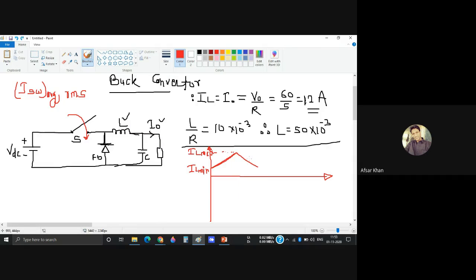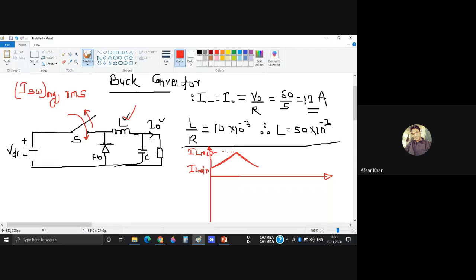Then when the switch is off, what will happen? Will the load current go directly to zero, or will it take some time due to inductance? The load current will take some time, yes or no?